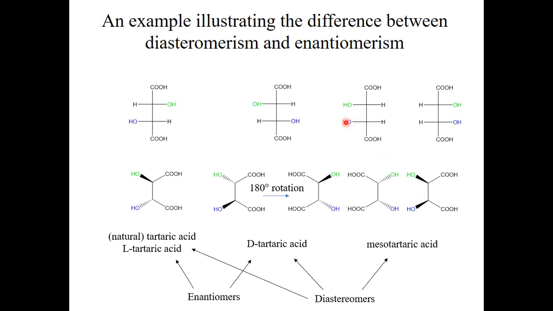And when two molecules can be superimposed, they are identical. Okay, so therefore, these molecules here are identical molecules, but they are not isomers of each other at all.